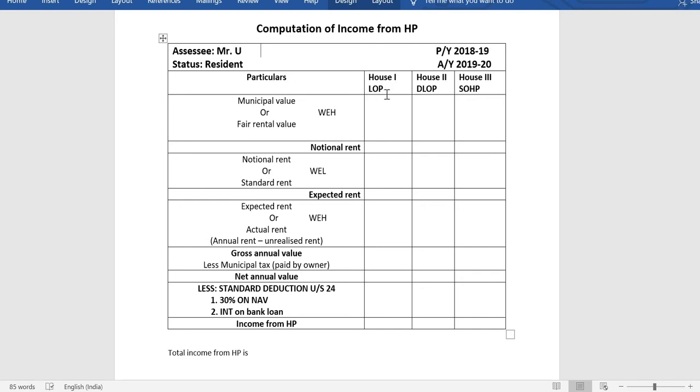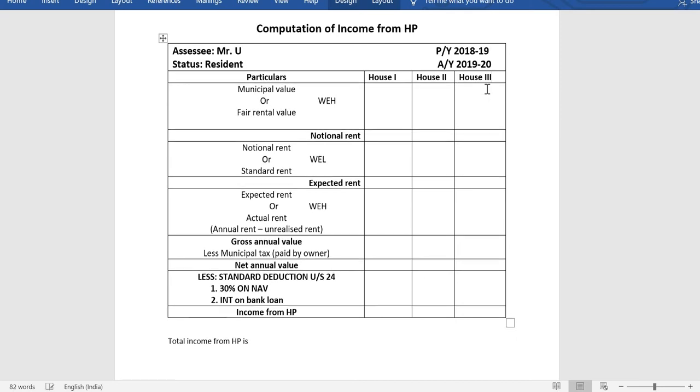Then particulars, there were 3 houses, house 1, house 2, house 3. Here all the 3 houses we assume are let out property, so no need to mention whether it is deemed to be let out or self occupied, so I am removing it. So now directly we will move to the solution part.